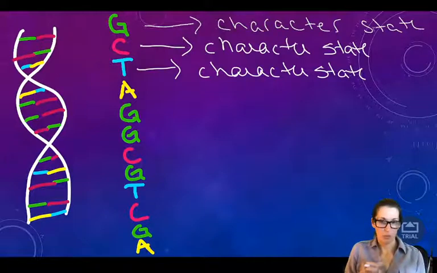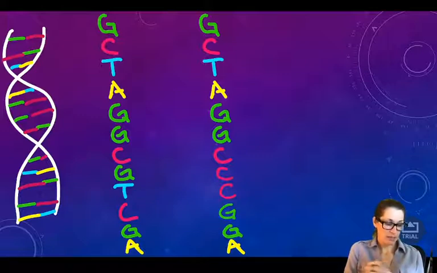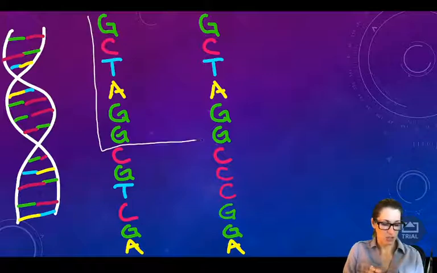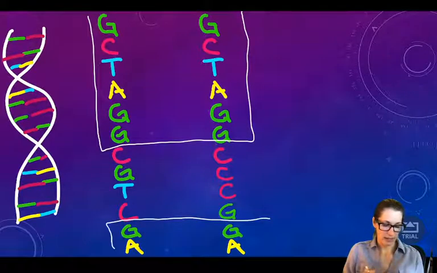The genome, like morphology, has areas of homology, areas that are the same due to common descent. If we look at this made-up sequence, we can see that this entire section is exactly the same. This section is exactly the same.